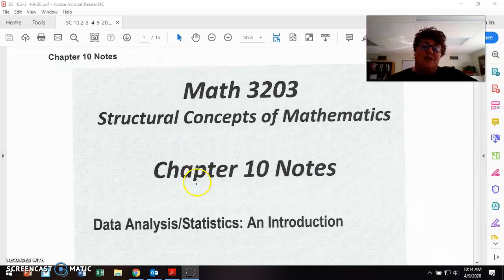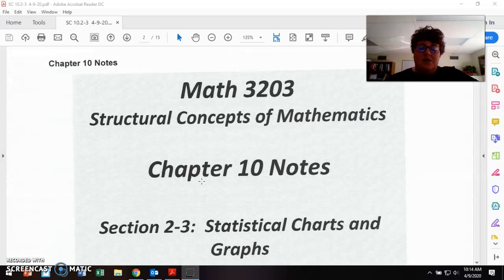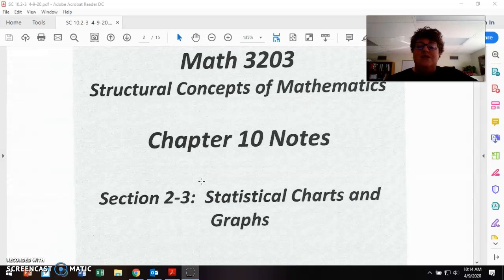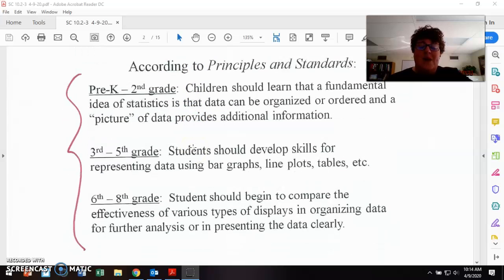So today we want to introduce statistics, and focus on statistical charts and graphs. I will be real honest and tell you that charts and graphs are a major part of this; you will see them anywhere from pre-K through 8.